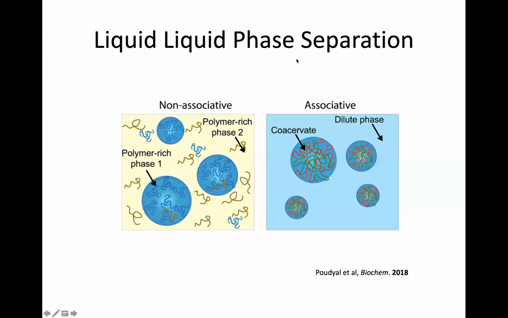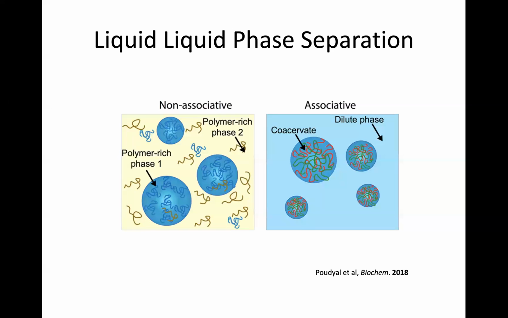Whereas associative phase separation occurs when you have, for example, oppositely charged polymers like nucleic acid and a positively charged peptide. These bind together electrostatically and through other interactions, forming these nice membrane-bound structures that are inclusionary of both types of polymers. And I'll say here, for purposes of simplicity, I'll refer to coacervates as two-component systems.